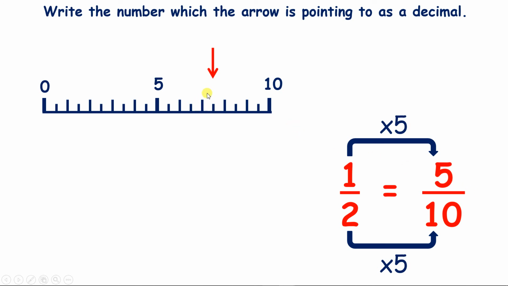So we have 7 and 5/10, so we have 7.5. And which number is the arrow pointing to now? Well, we have 5, 6, 7, 8, 9 and a half, so we have 9 and 5/10, so we have 9.5.